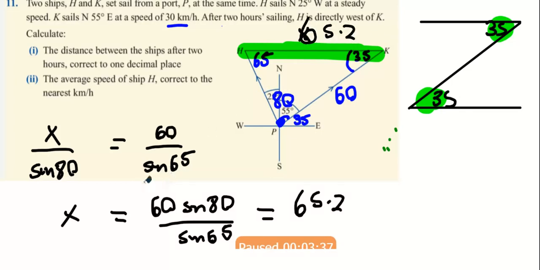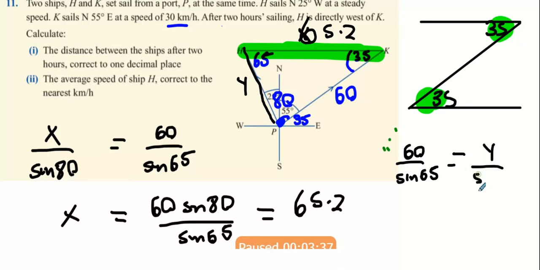So I'll do the sine rule first. I can do 60 divided by sin 65. We need to know this length here, don't we? Because that's how far H went. So call it Y. Y over sine 35.